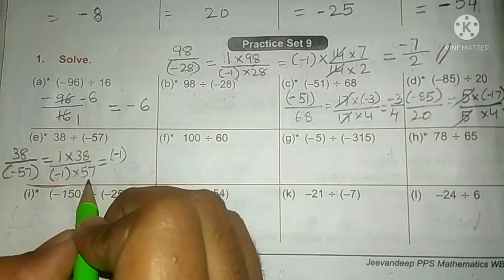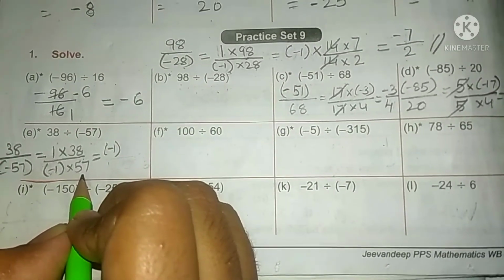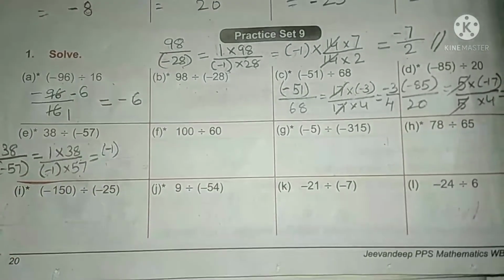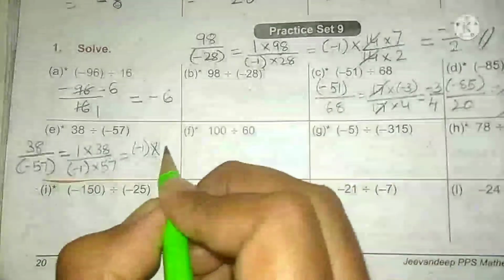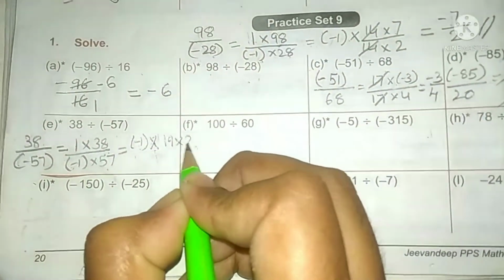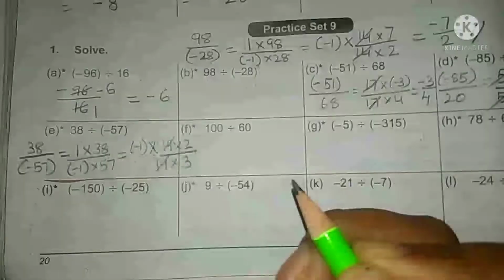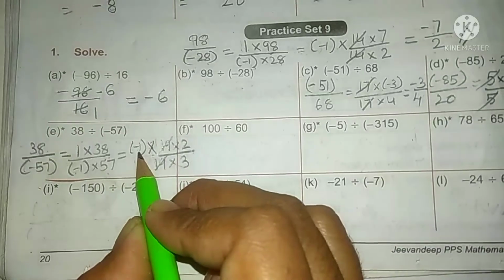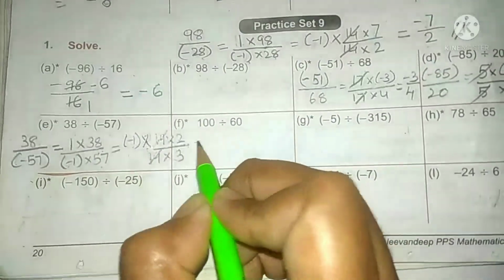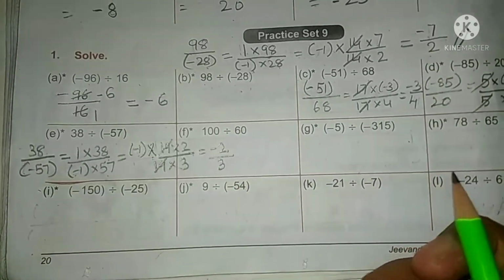Now 38 and 57 together are divisible by which number? You have to find out. It is divisible by 19. 19 twos and 19 threes. So 19 will get divided, 19 ones are 19. What will remain here? Minus 1 multiplied by 2. So you will get minus 2 upon 3. Clear, students?